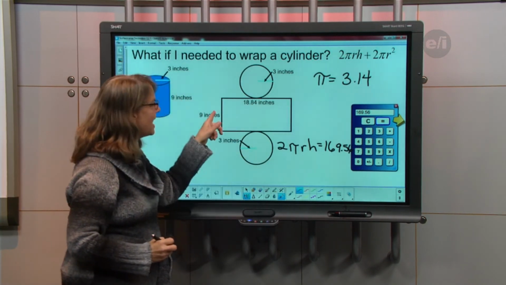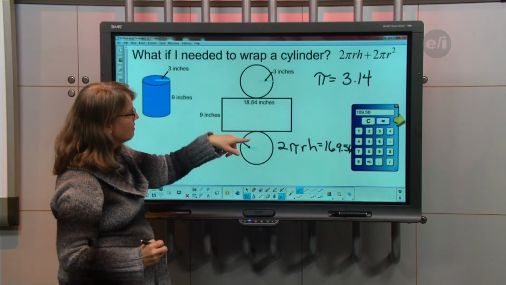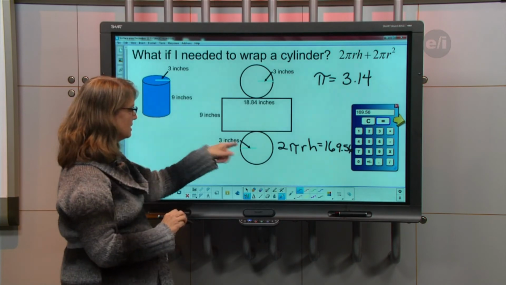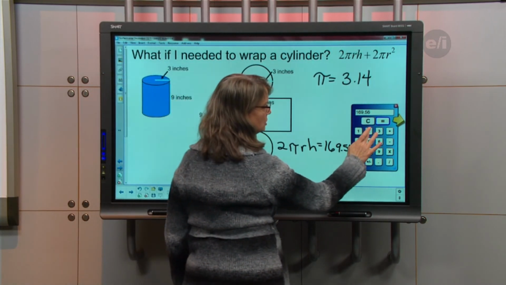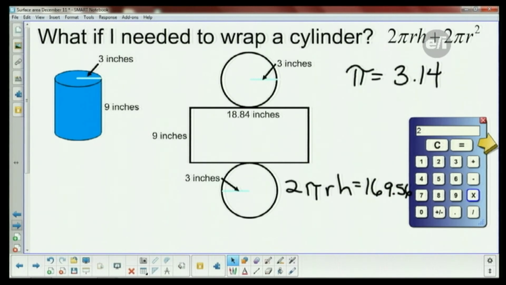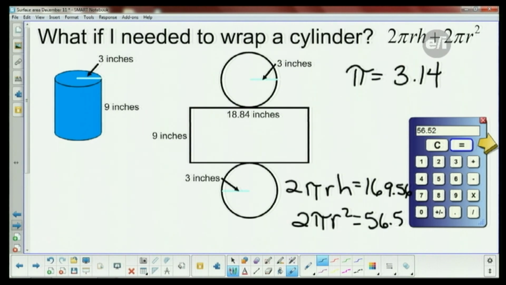Now we have to do the 2 pi r squared, and that's this piece here. So we're going to do 2 times, remember r is 3 and 3 squared is 9, times 3.14, which is going to give you 56.52. So 2 pi r squared is 56.52.